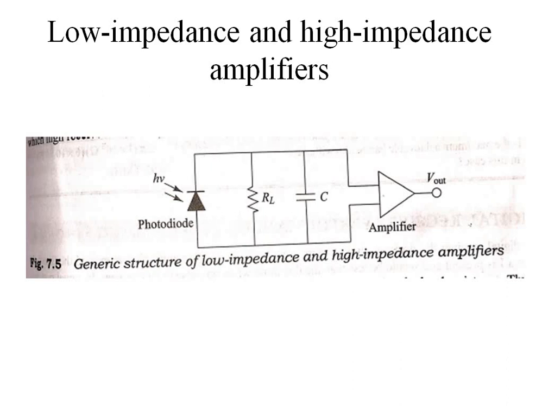The drawback of low impedance preamplifiers is that even though they can operate over a wide bandwidth, they will not provide high receiver sensitivities, because only a small signal voltage can be developed across the total input impedance.